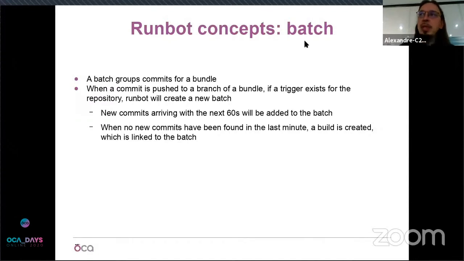When a new batch is created, it checks if the batch has been created for more than 60 seconds and nothing has happened on the branch. If a new commit arrives within 60 seconds, it's added to the batch, and we don't create a build until nothing has happened during 1 minute. Only when nothing has happened during 1 minute do we create a new build.